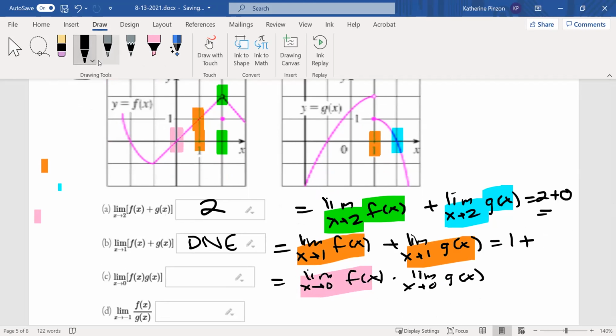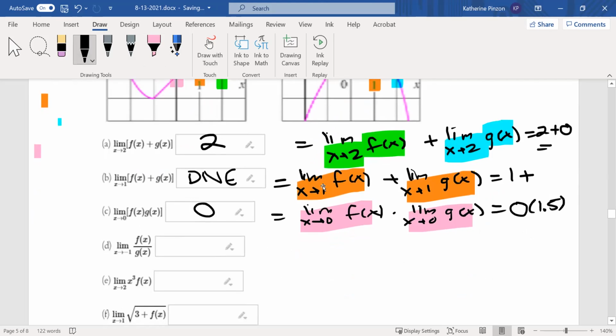Here's 0 on f of x. What do you get? 0. Okay, and now I'm going to do 0 on g of x. Here's 0 on g of x. It's like 1.5 almost, yeah? 1 point something. Okay, 0 times 1.5 makes 0.